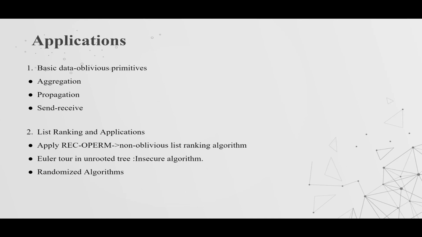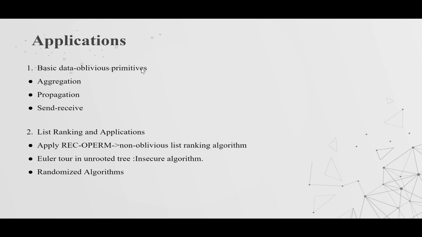Applications. Now, the authors give various applications of their algorithms, which are list ranking, data-oblivious primitives, tree contraction, connected components, and minimum spanning forest. Their algorithm surpasses the previous algorithm in cache-agnostic binary fork-join models, and in others at least matches the previous best known results.